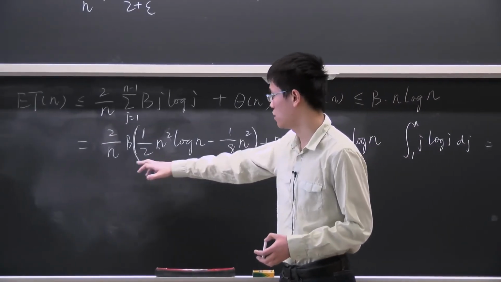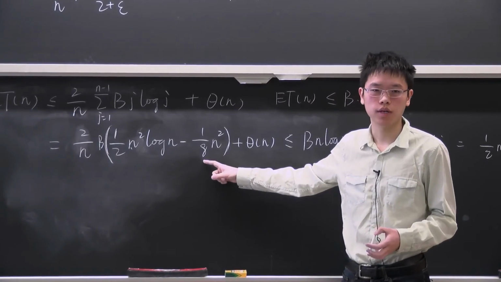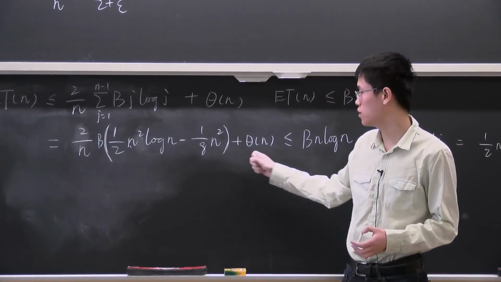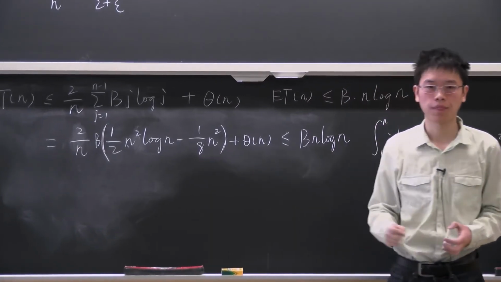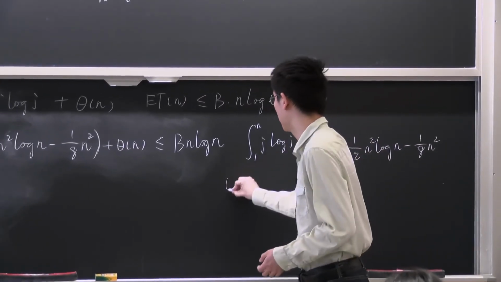Because this is exactly that, but we are subtracting some term, and the term we are extracting is larger than the theta n term. Okay, so we can prove this algorithm is n log n.